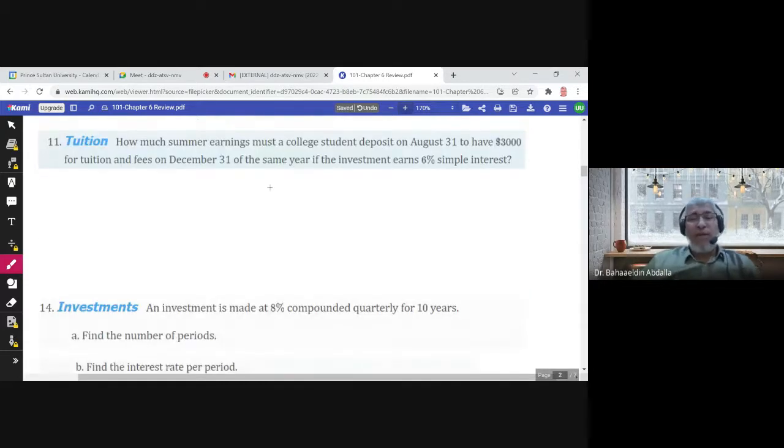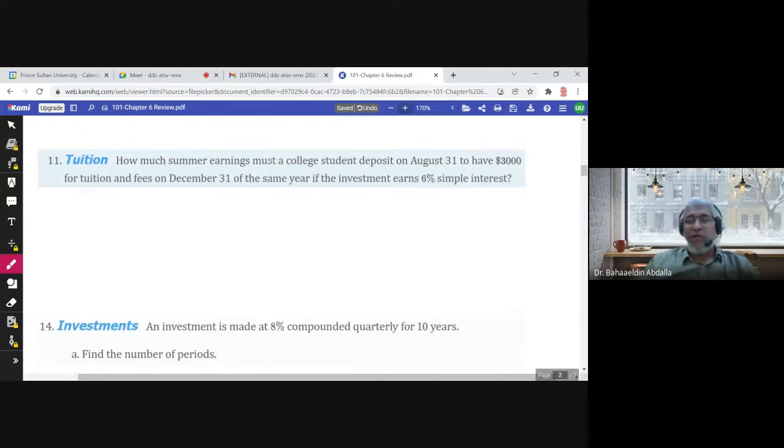How much summer earnings must a college student deposit on August 31 to have 3,000 for tuition and fees? So this is a future value. Okay, let us call it S, on December 31. Between August 31 and December 31, 9, 10, 11, 12, that is 4 months of the same year.